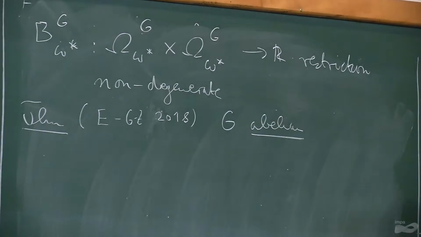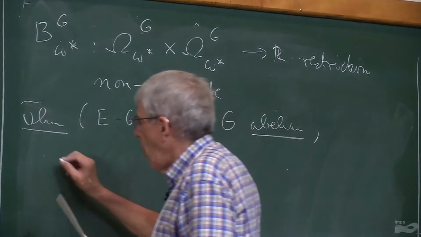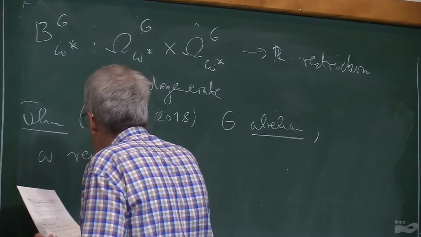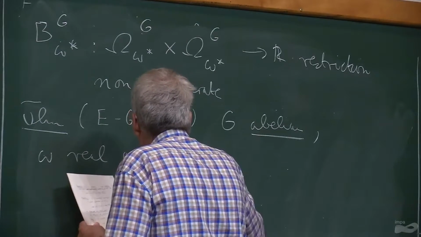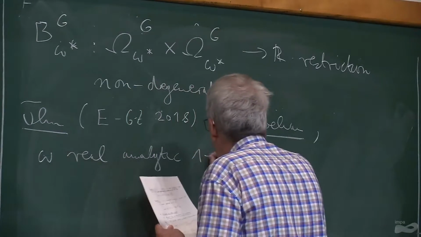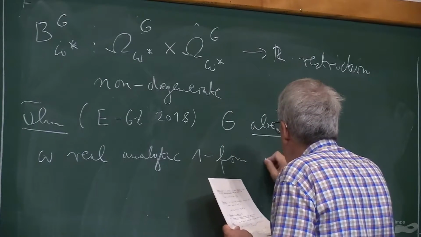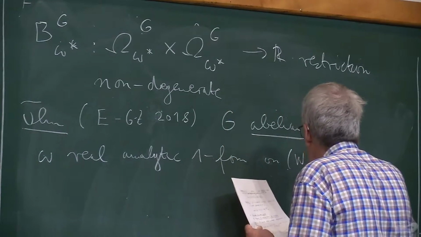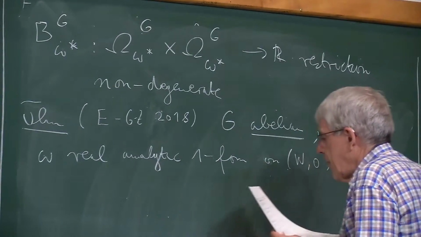This is essential for our proof. And omega is a real analytic one form on W, 0 with an algebraically isolated singular point.